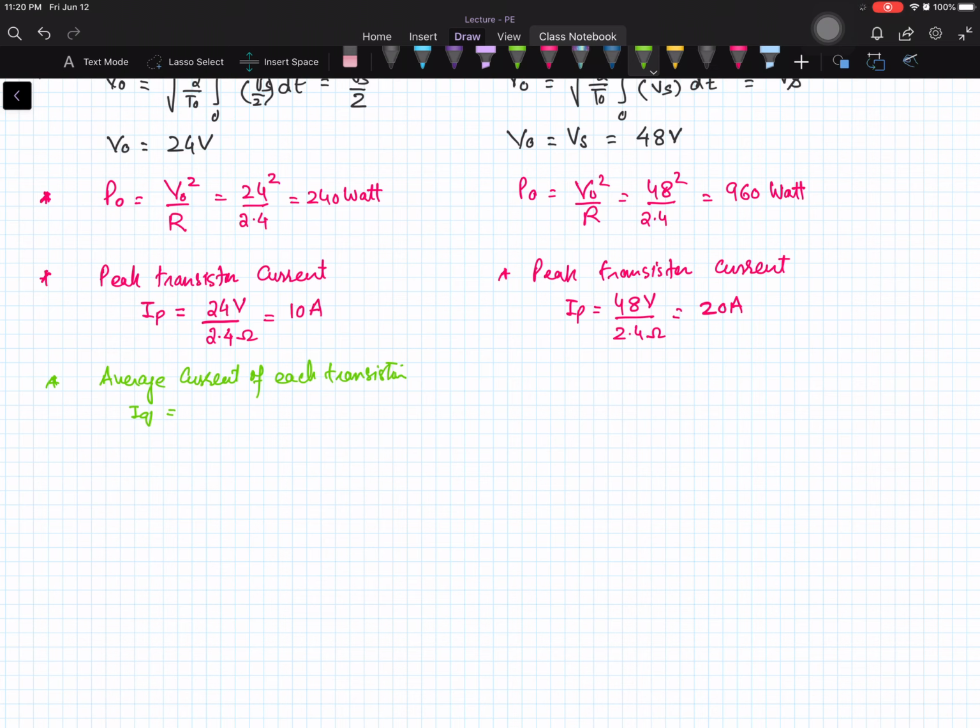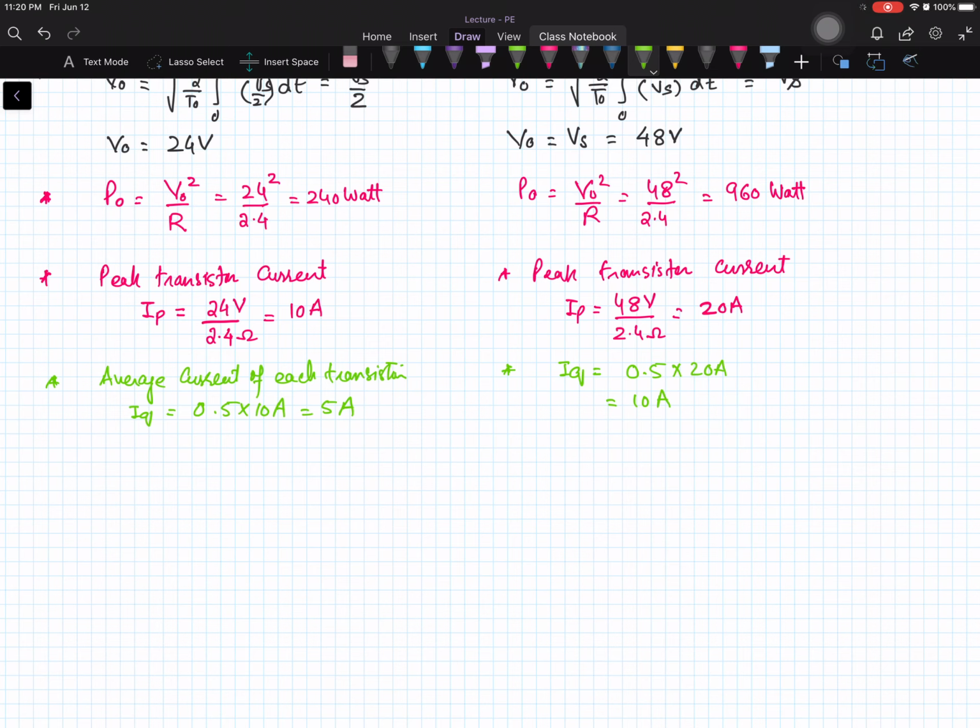If we want to find the average, half of the current will be going through one switch and half through the other switch. So 0.5 into 10 ampere, that is 5 ampere, is the average current of each switch. Similarly, for the full bridge inverter, 0.5 into 20 ampere, so 10 ampere will be the average current of each switch.